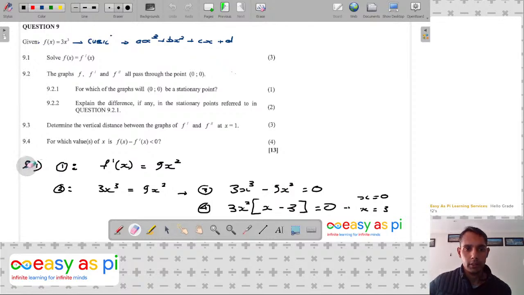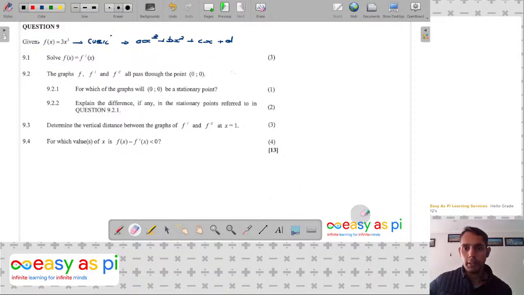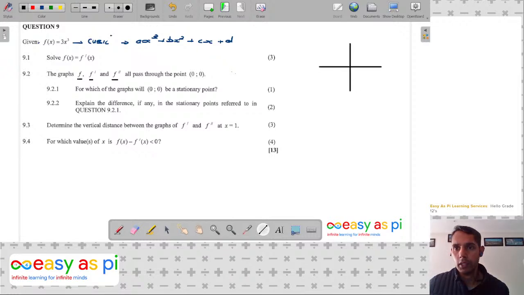And let's just see if we can go for the next part of the question. Okay, keeping that in mind. All right, then they say the graphs of f, f dashed, and f double dash all pass through the point 0, 0. Okay, now it might be good to visualize this. If I drew this graph, and let's say I do the original graph in 0, I know it's going to be an increasing function.